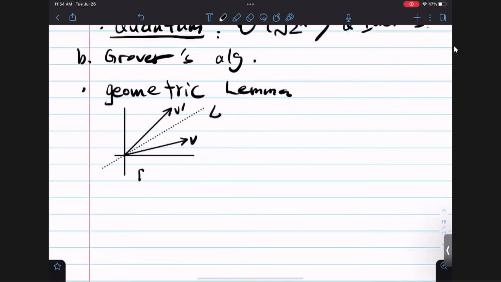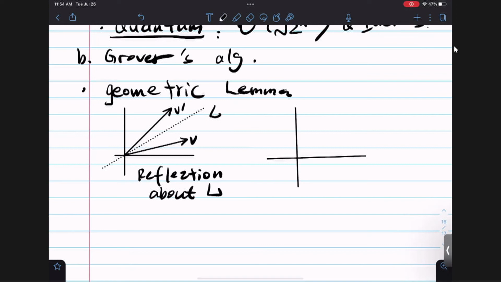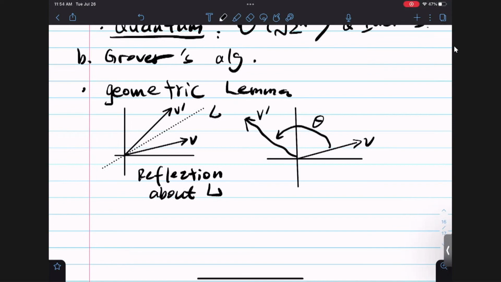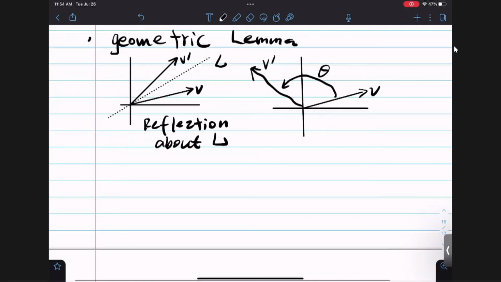So this is a reflection about the line L. Another simple operation is rotation on the same 2D plane. I have a vector V here and I want to rotate it by some angle theta. That's a rotation by theta, and I end up with V prime here.